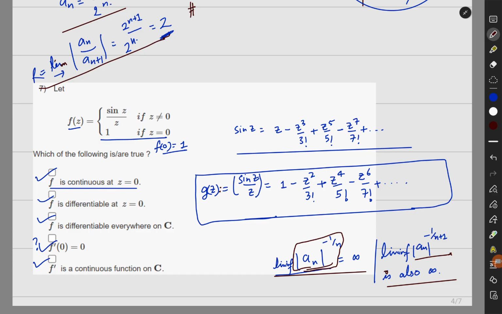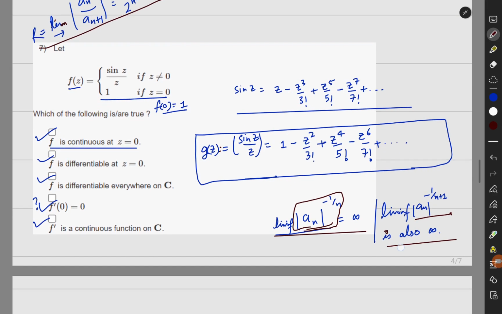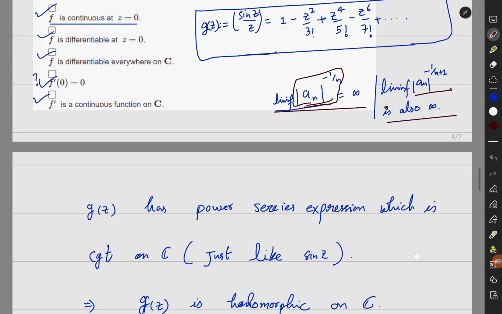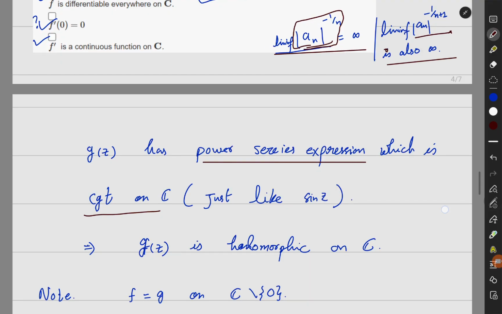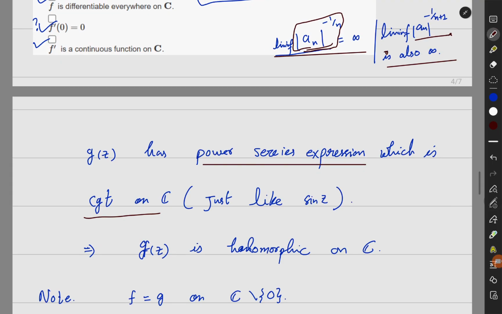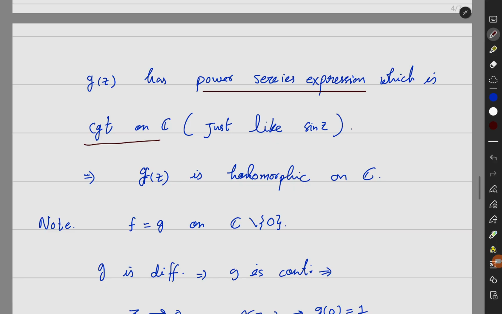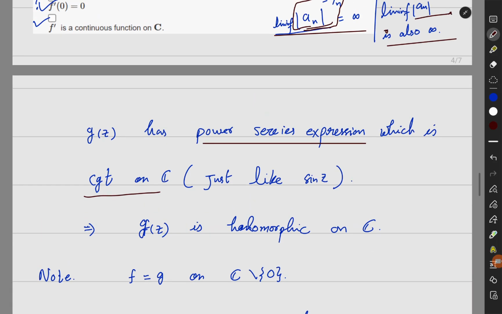So g(z) is also analytic just as sin z. Here it is written, g(z) has a power series expression which is convergent on the whole plane, just like sin z. So g(z) is holomorphic on C, or g(z) is an entire function. So what is g(0)?